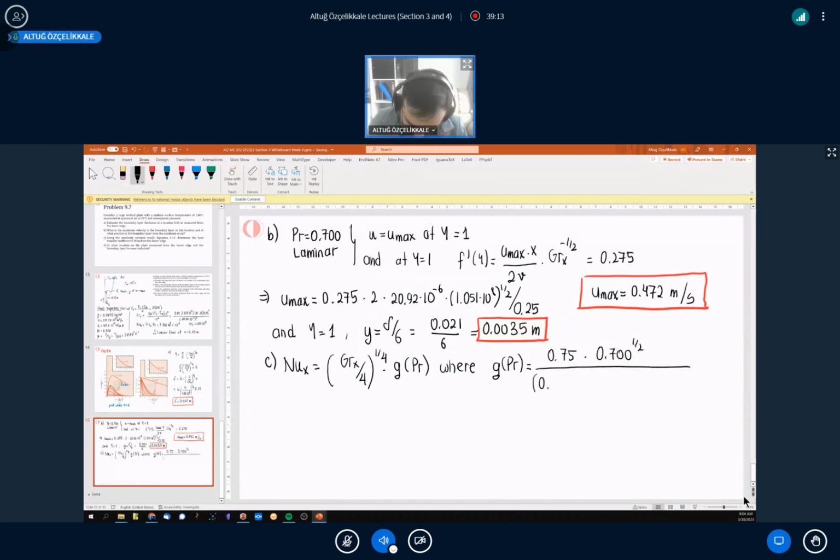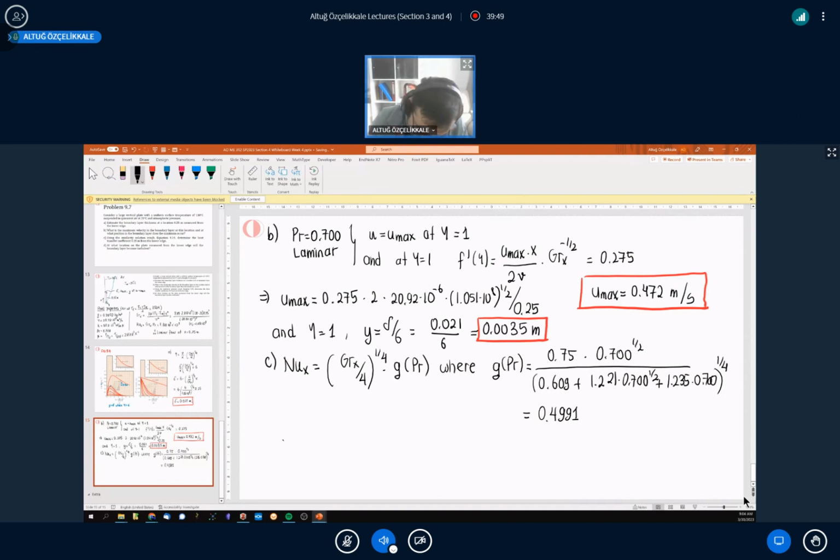And the denominator is 0.609 plus 1.221 times 0.70 raised to the power 1/2 plus 1.235 times the Prandtl number again. And this is all together raised to the power 1/4. It's a kind of complicated expression that doesn't really have much meaning in it. It's simply calculations, right? Not much interpretation there. Okay, so this is the number we get from this function.